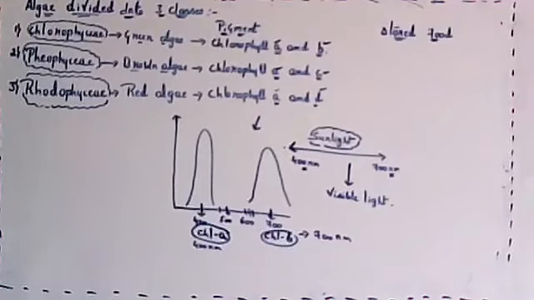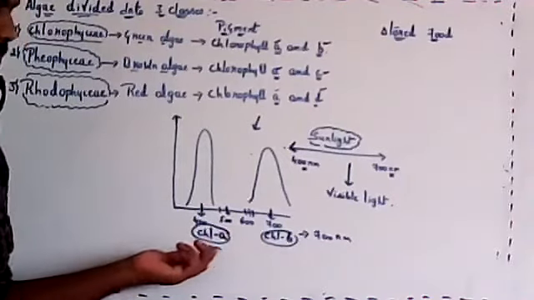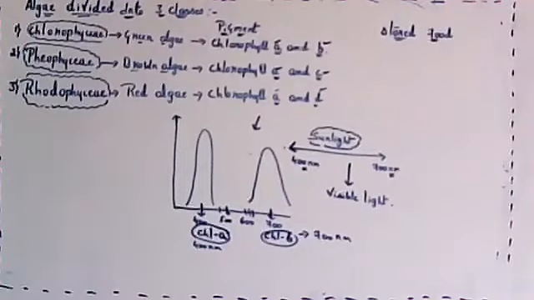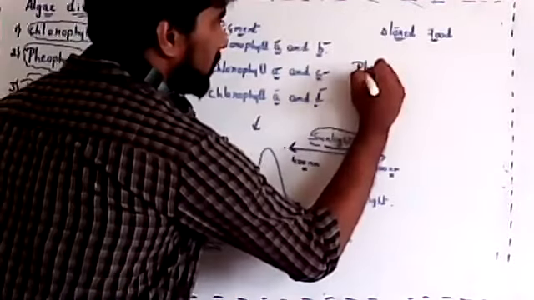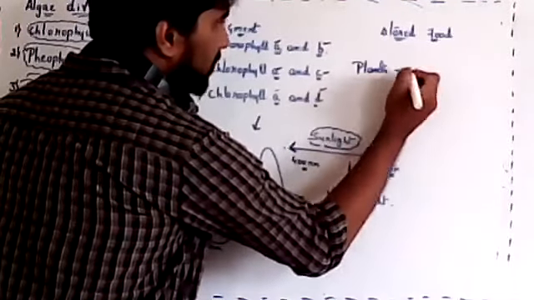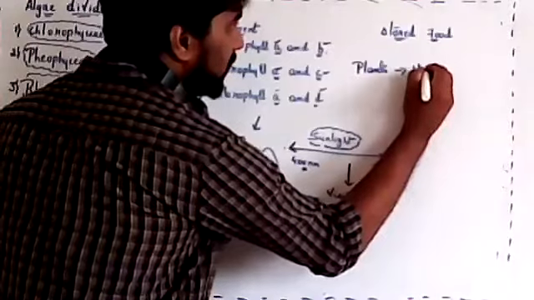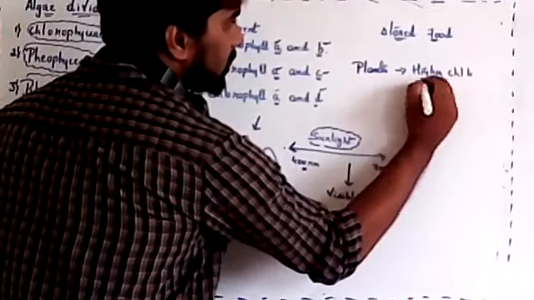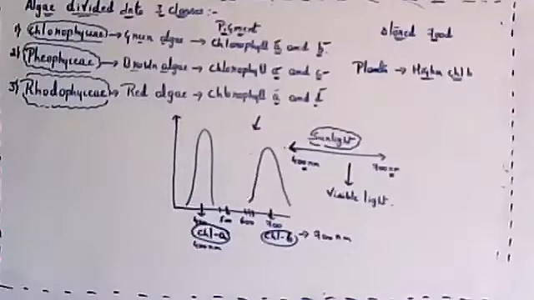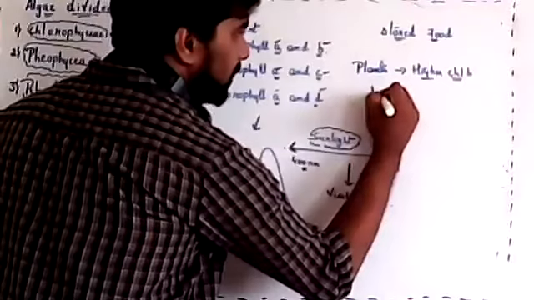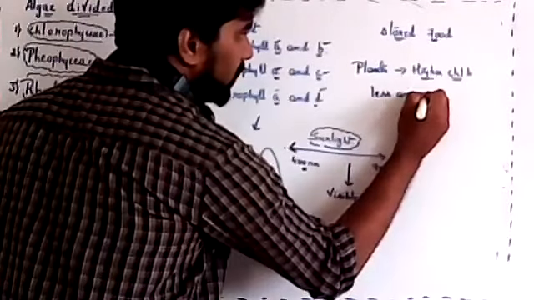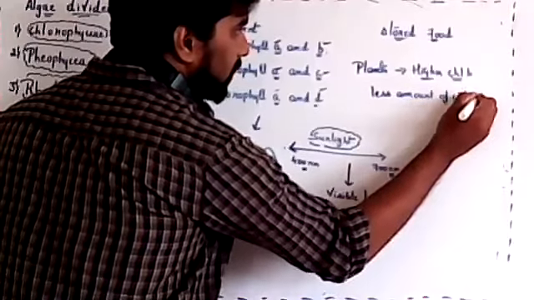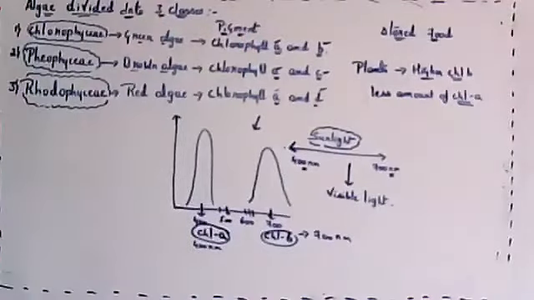Okay. So visible light will be absorbed by these two pigments, chlorophyll A and B. So in plants, there is a higher concentration of chlorophyll B than chlorophyll A. So a higher concentration of chlorophyll B will be present inside the plant, and very little chlorophyll A will be present in the plant.